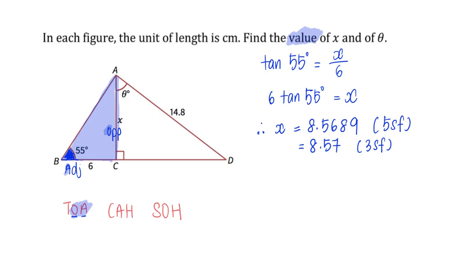And now let's turn our focus to the green color triangle here. If we were to find the angle theta, which is up here, I would have to identify the sides with respect to this angle theta.